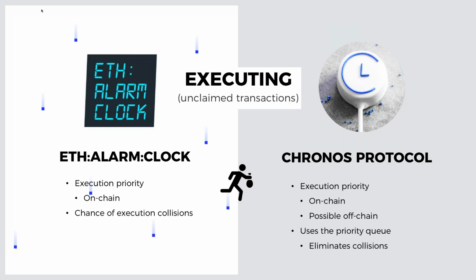The main point of the priority queue, as I said earlier, is that it takes out the possibility of collisions. This is very healthy for the ecosystem, in the sense that the gas wasted to collisions is part of the loss which the time nodes incur, and has to come from the time bounty which the scheduler sets when scheduling the transaction. So it reduces the overall cost of the ecosystem as a whole.